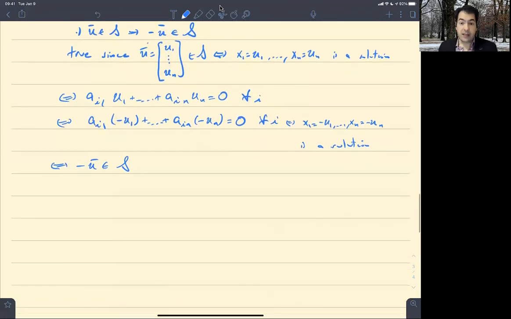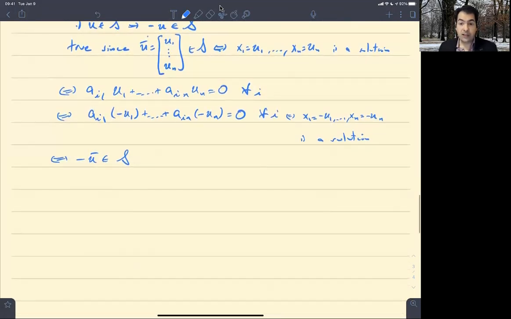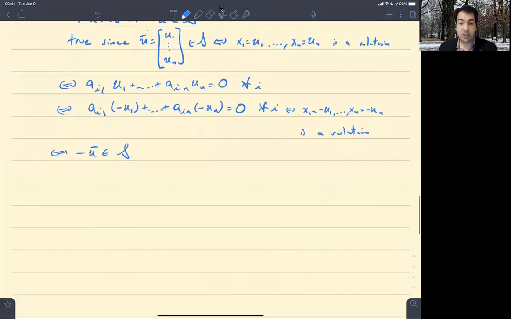Okay, so we've checked that we have the 0 vector. We've checked that if we have a vector, we also have its additive inverse. Next, we just need to check that it's closed under vector addition and closed under scalar multiplication. So, closed under vector addition.